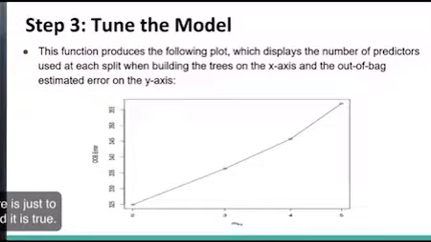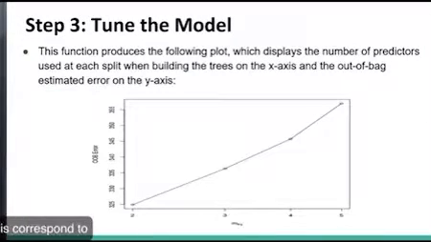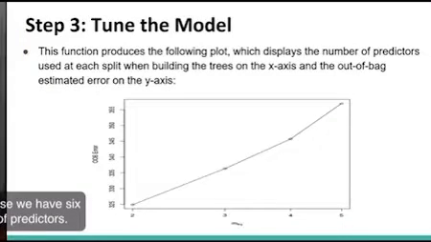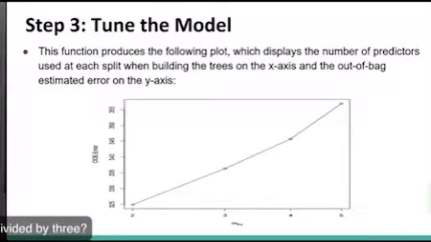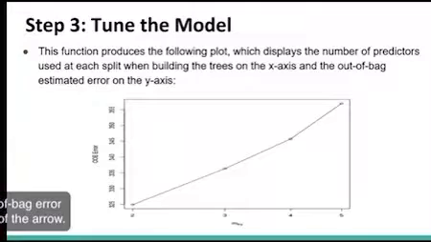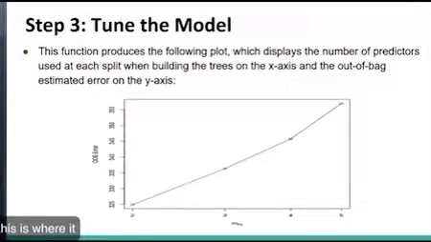If it is 2, then it corresponds to this, because we have 6 predictors. What is 6 divided by 3? That would be 2. Look at that. So this actually confirmed that the out of bag estimate of the error is smallest at 2.